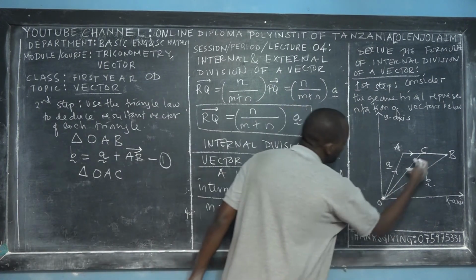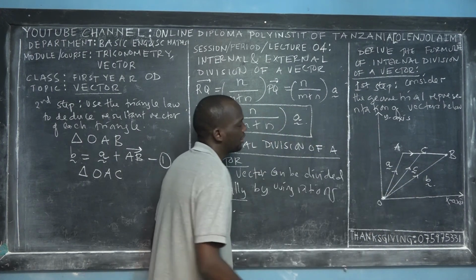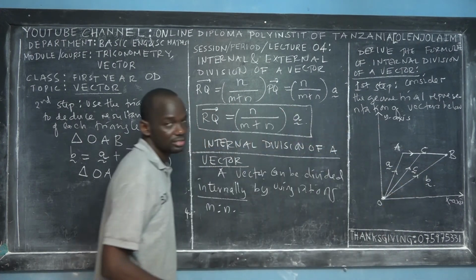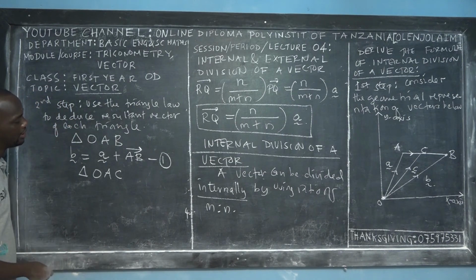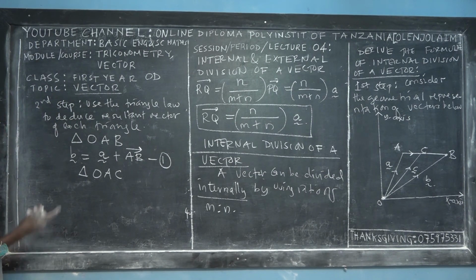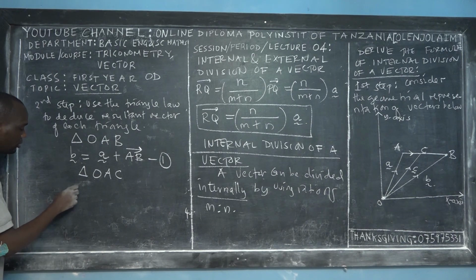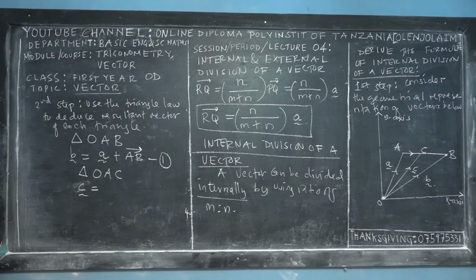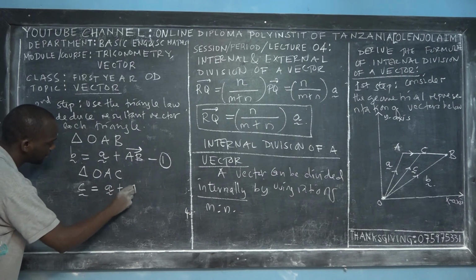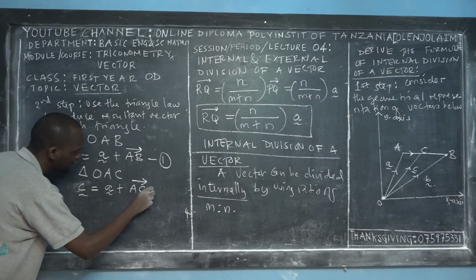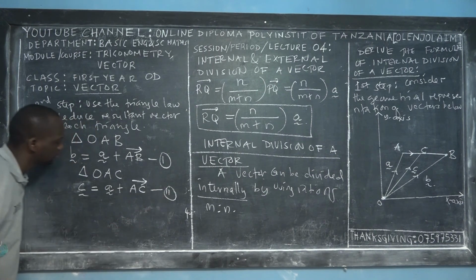Our resultant vector is C, and the side vectors are vector A and vector AC. So vector C is equal to vector A plus vector AC, which is the displacement vector. This is the second equation.